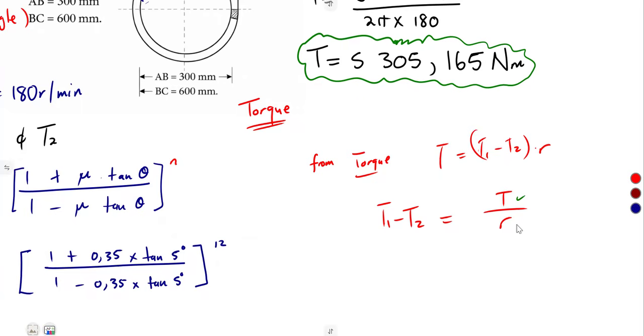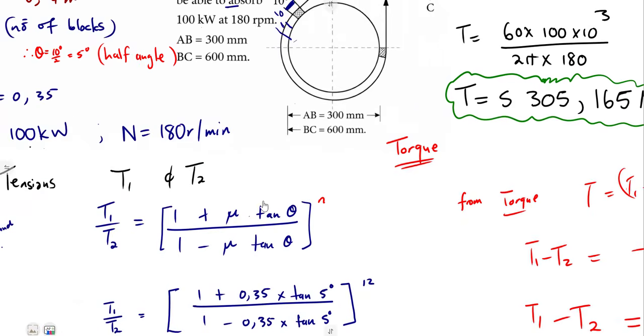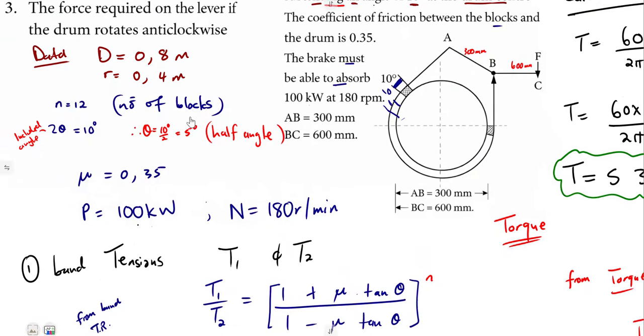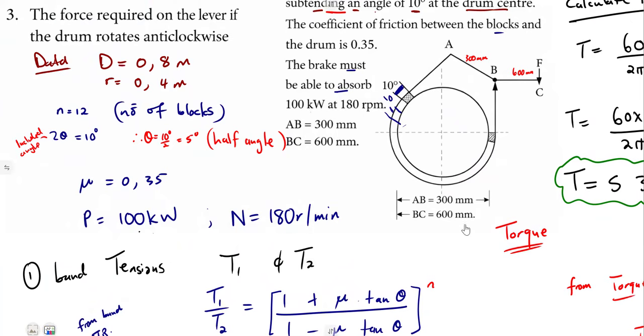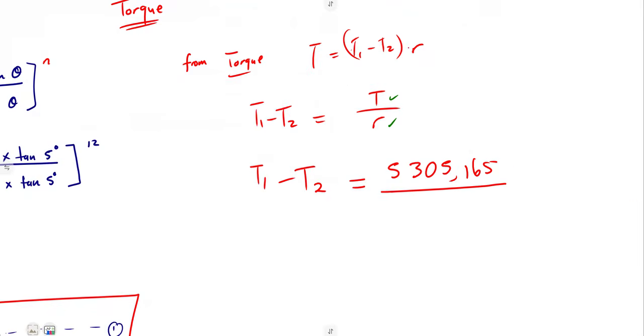As we now have these two, therefore T1 minus T2 is equal to the torque, 5,305,165, everything over the radius of the drum in meters. So our radius was 0.4 in meters. That's it. So this gives us another equation.